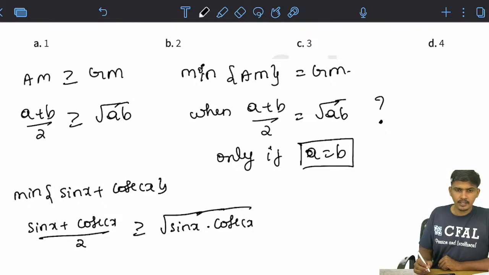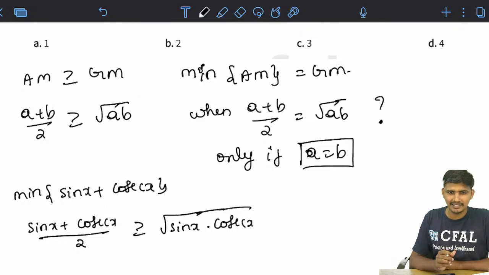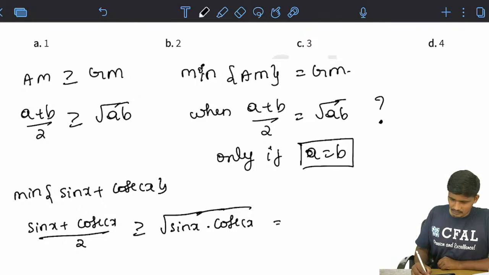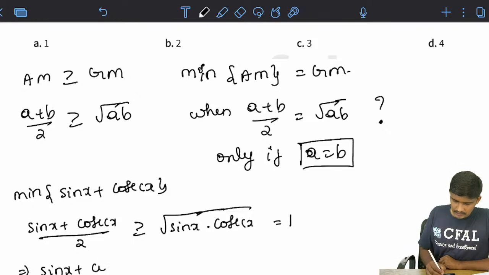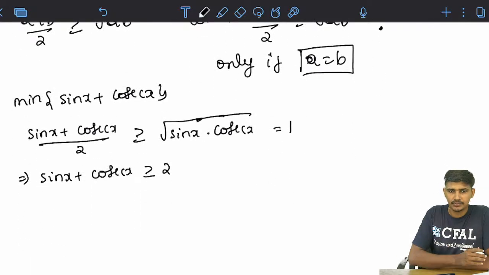This is always true because of our AM-GM inequality. What is sin x into cosecant x? We know that sin x into cosecant x is equal to 1. So this is equal to 1, which implies sin x plus cosecant x is always greater than or equal to 2.